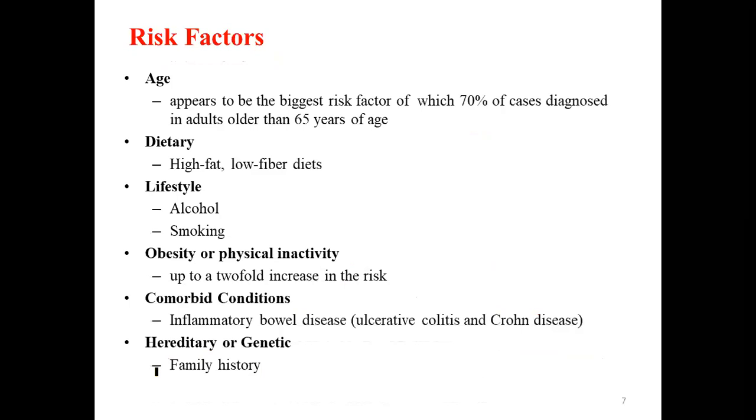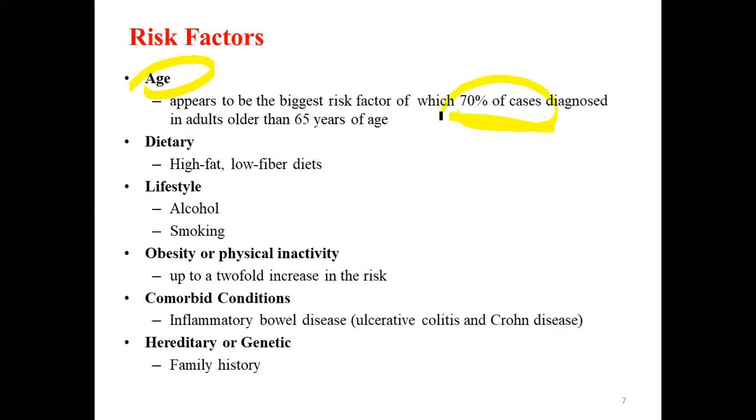Then, what are the possible risk factors in colorectal cancer? The biggest risk factor is age. As we age, normally the risk is very high. That is why more than 70% of the cases are diagnosed in older adults above 65 years of age.